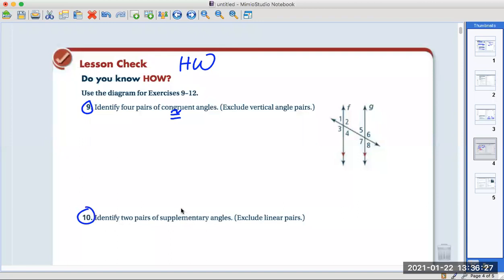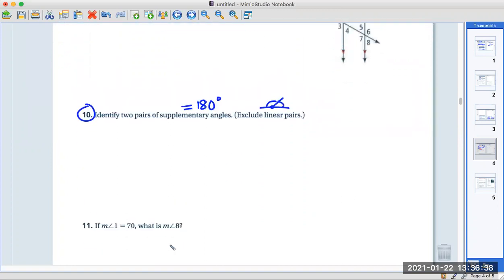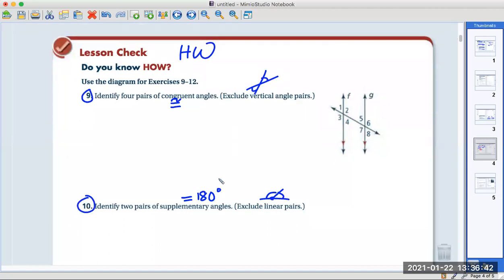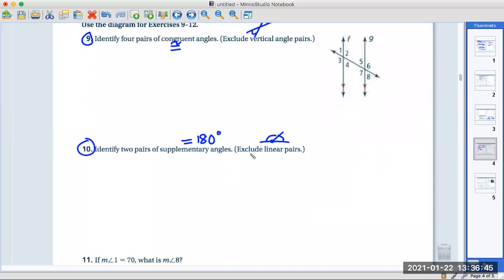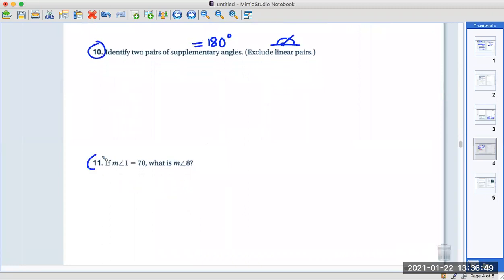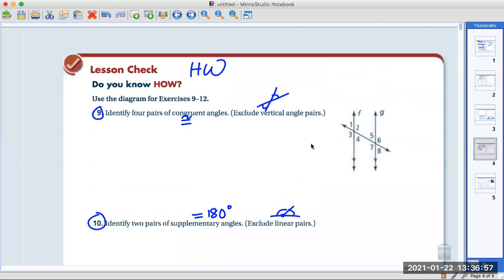Identify 2 pairs of supplementary, sum is 180. Exclude linear pairs, exclude these that form a straight line. So vertical angles are the ones where they cross. Linear pairs, that's 2 angles with the same vertex. This is called the vertex. And 11. So all of these use the same picture on the top here, okay?